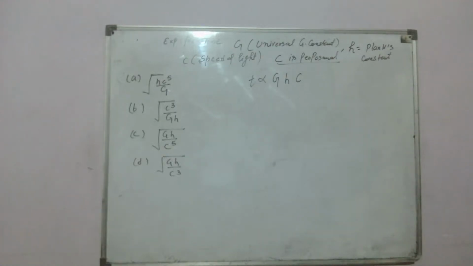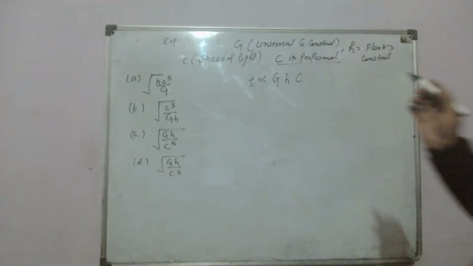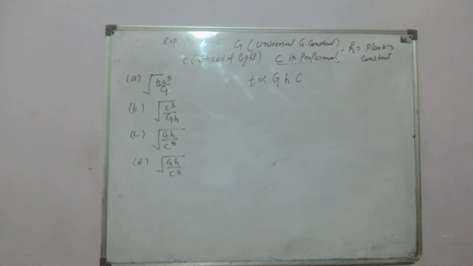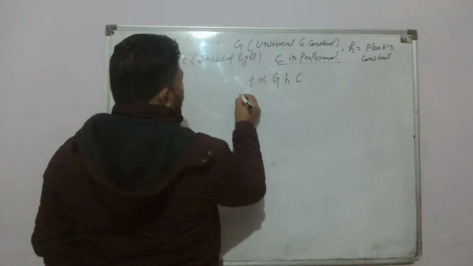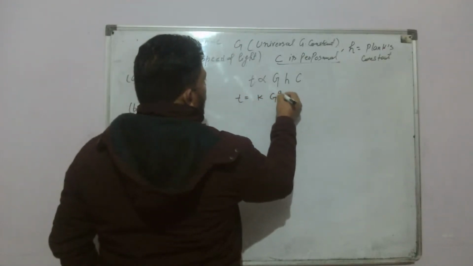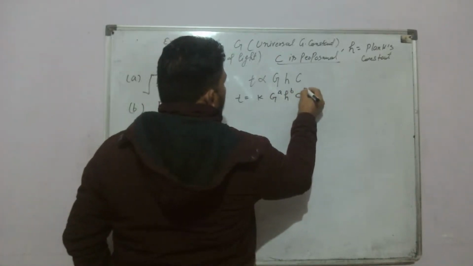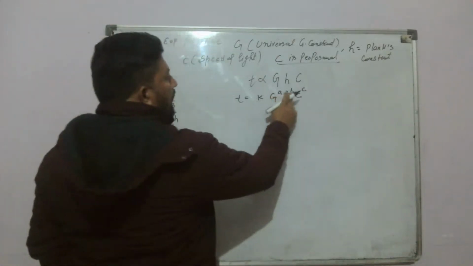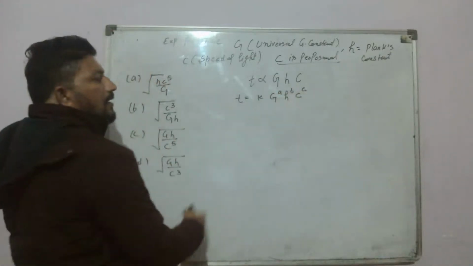Listen, how to solve this. T is the time period, so T is equal to k, G raised to power a, h raised to power b, c raised to power c. You will solve the values of a, b, c, and then you will find the answer.